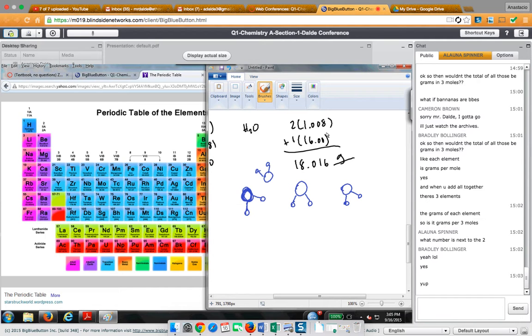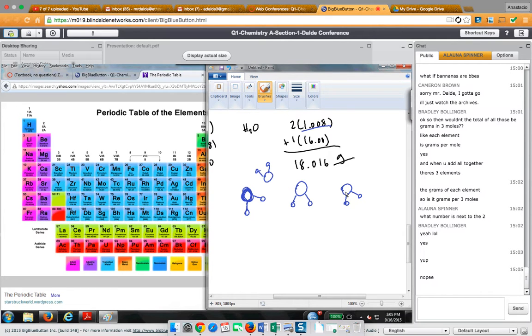Or 2 Anastasios of hydrogen, because eight hydrogens altogether is 2 Anastasios of hydrogen, and 1 Anastasio of oxygen, which is 4 oxygens. So look, this still is 1 mole of water all together, even though I'm multiplying the hydrogen by 2 and the oxygen by 1. Does that make sense? Did that make more sense to you?